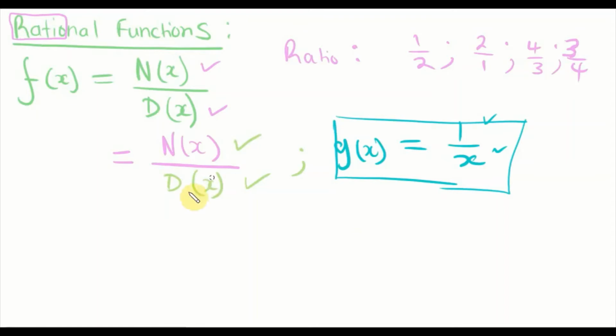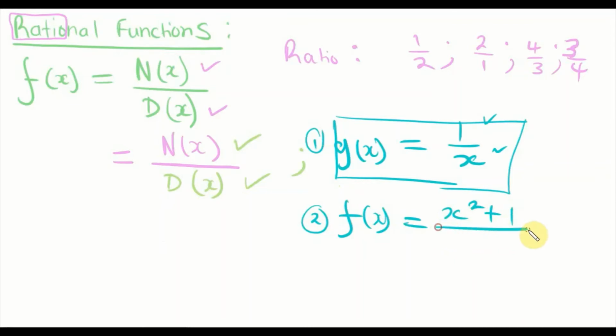Alright, so let's call this one example 1. Say we're given another example. Let's say f of x is given as x squared plus 1 divided by x cubed plus x squared plus x plus 2.